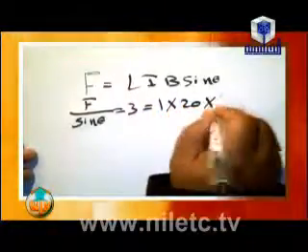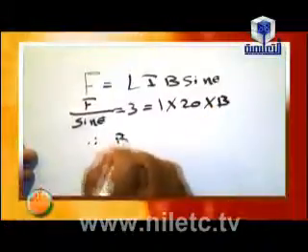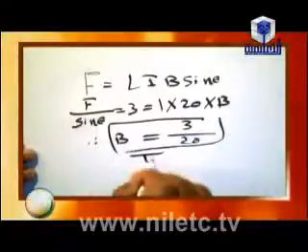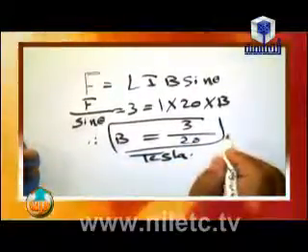Then we can find B. B equals 3 over 20 Tesla. This is the value of the magnetic flux density, and we can find the other from the graph.